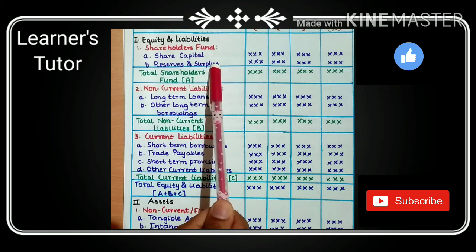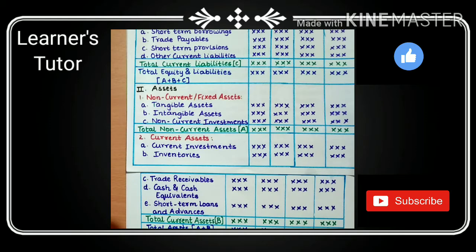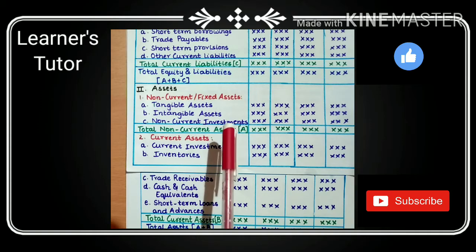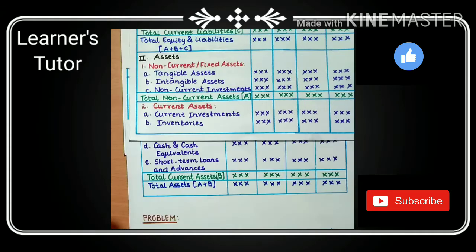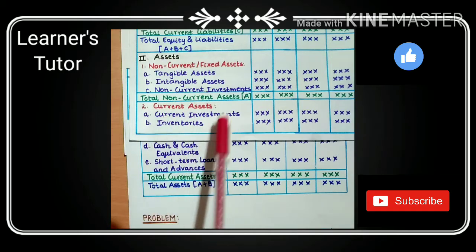You should have total shareholders fund, total non-current liabilities, and total current liabilities, which will give you total equity and liability. Next, under assets we have non-current fixed assets and current assets. If you add both non-current assets and current assets, it will give you total assets, A plus B.